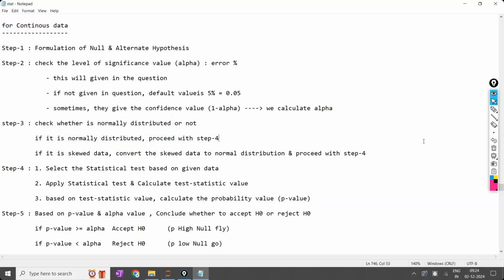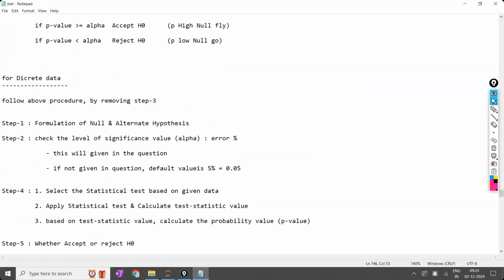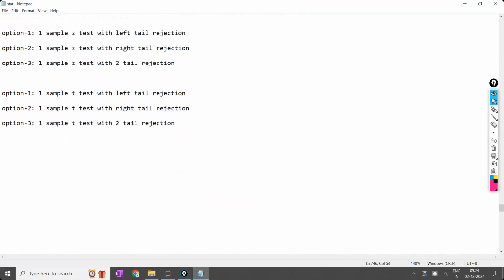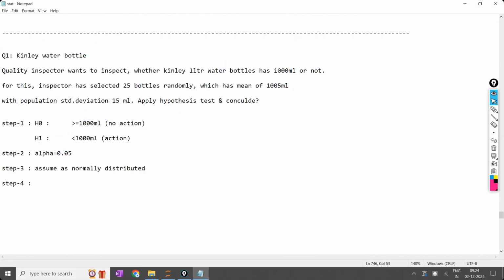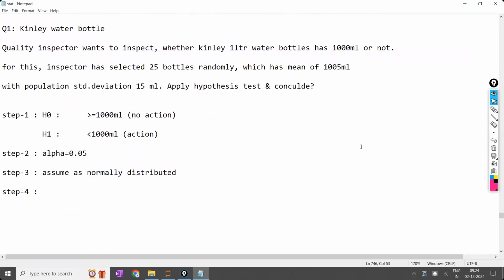So we'll see these multiple case studies. In the previous class we concluded one Kinley water bottle example, and based on it we saw how to apply inferential statistics. This is the last example we have done. Kinley's quality inspector wants to inspect whether a Kinley 1 liter water bottle has 1000 ml or not.